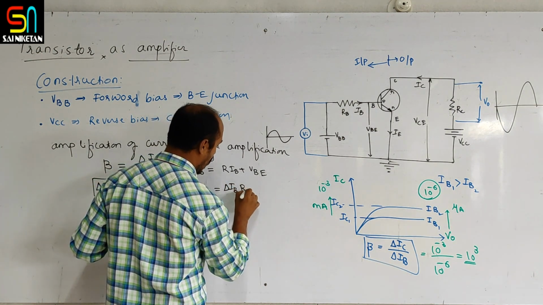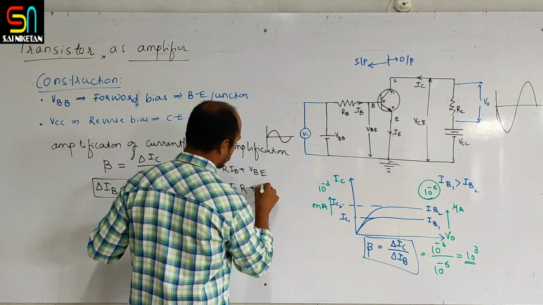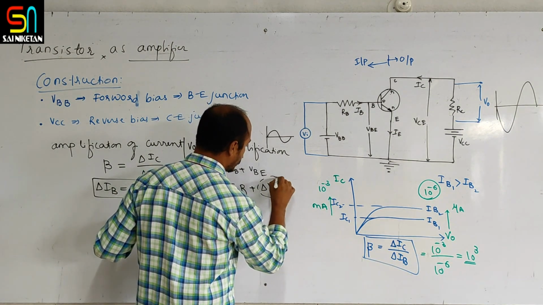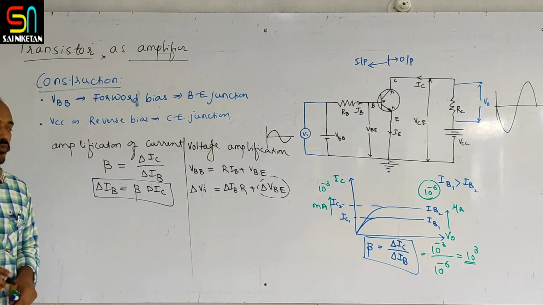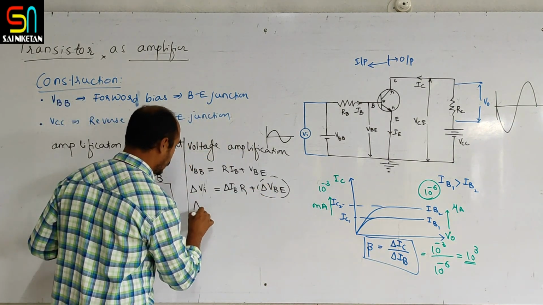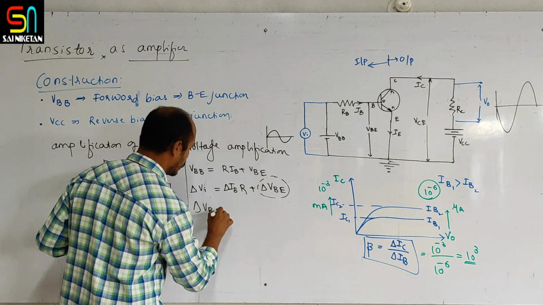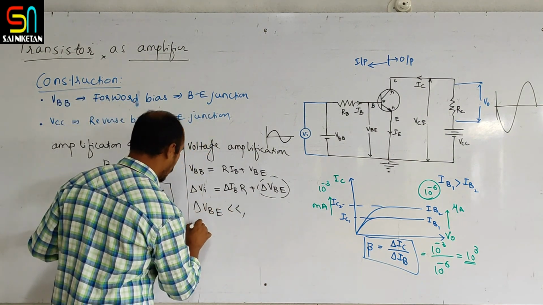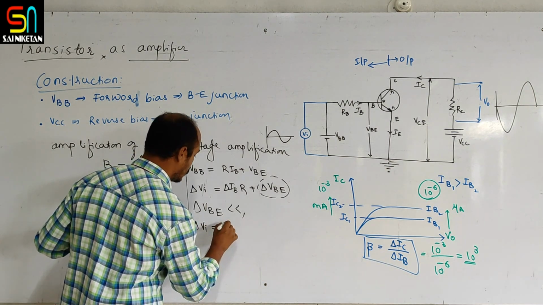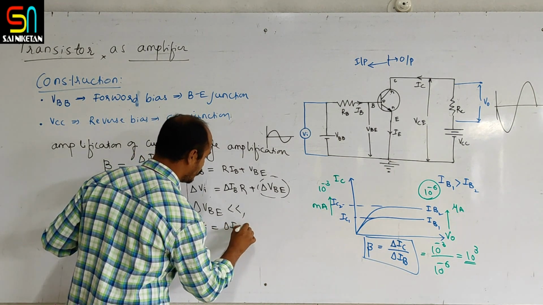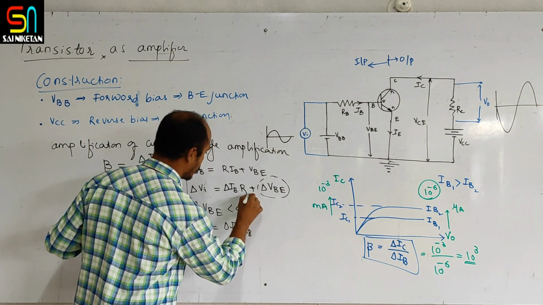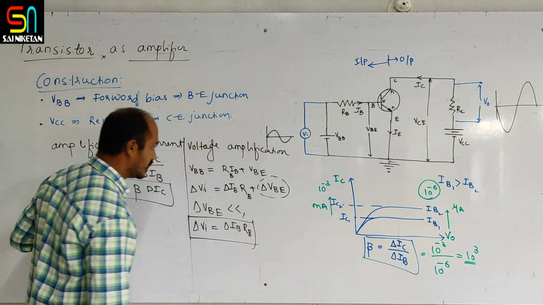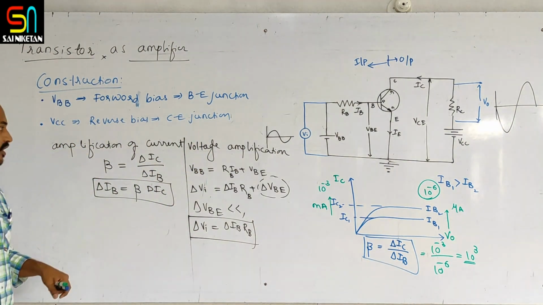Delta IB and R plus delta VBB. This delta VBB is very small, hence it can be neglected. So delta VI becomes delta IB RB. So this is RB. This is the changing input voltage.